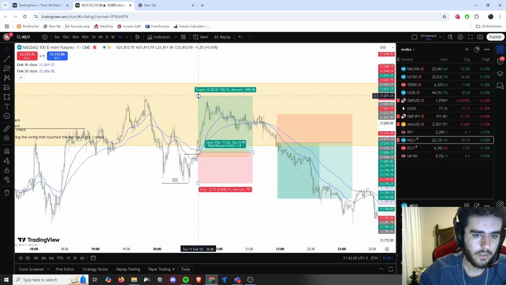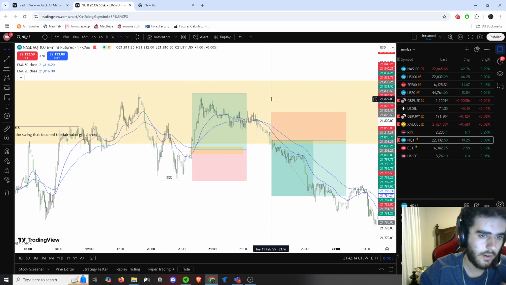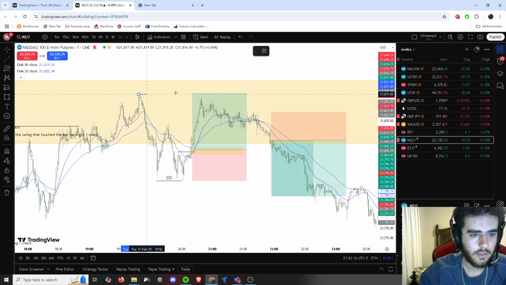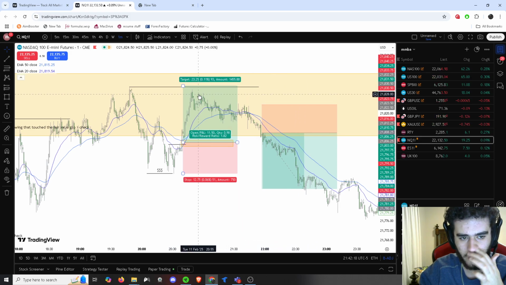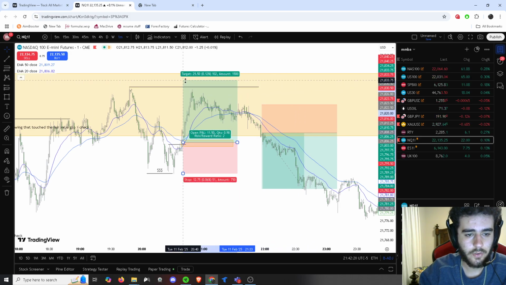Well, first of all, if you're taking partials along the way, you're about to be set at a 1R, but for me, if you're targeting this, it just doesn't get hit. Well, why would I do that? I'll just have a consistent target.